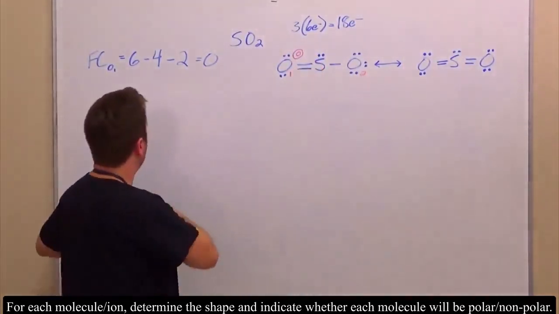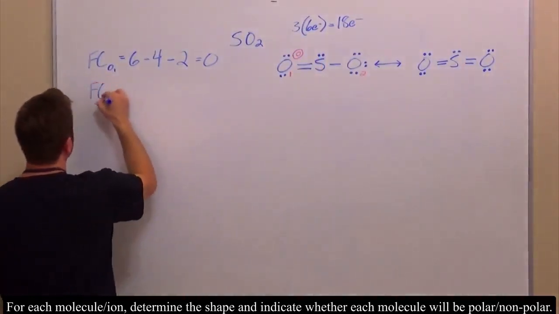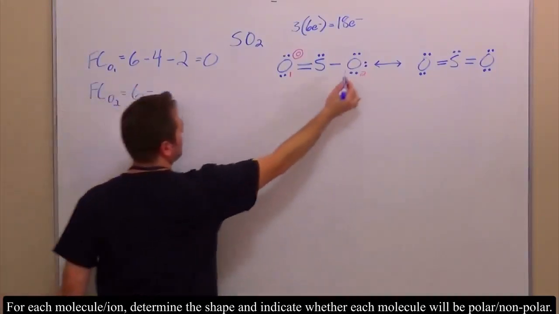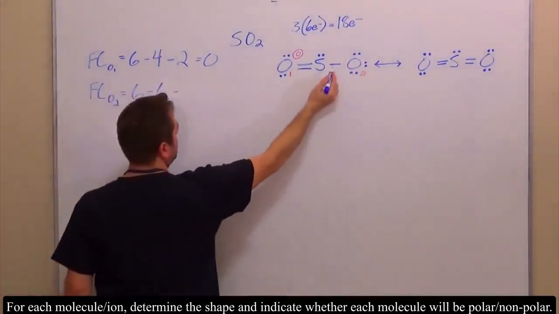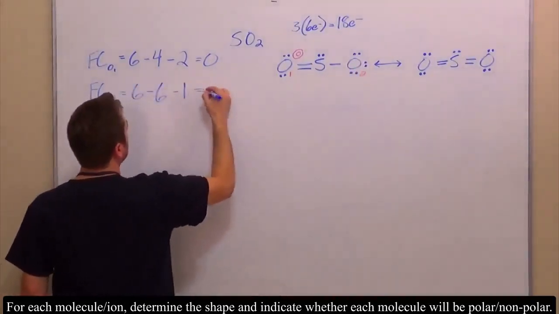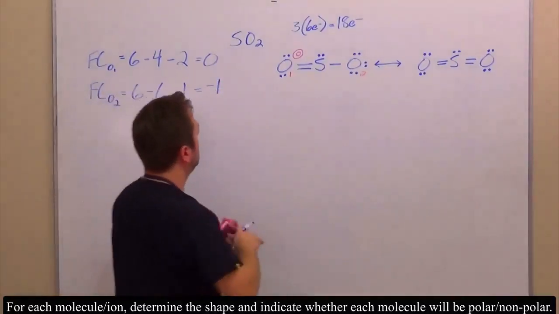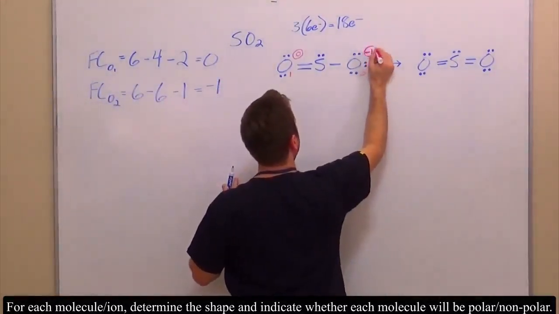Okay. Now, let's do oxygen number 2. Formal charge of oxygen number 2: group 6, minus this time 6 unbonded electrons, minus 2 divided by 2 is 1. So what's the overall charge? -1. Let's make note of that. -1.